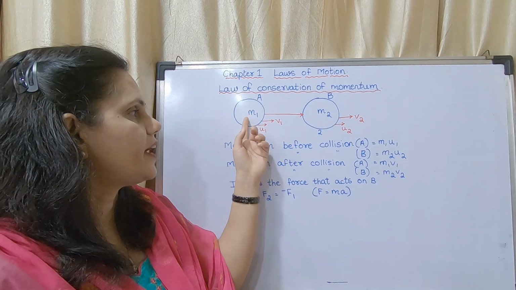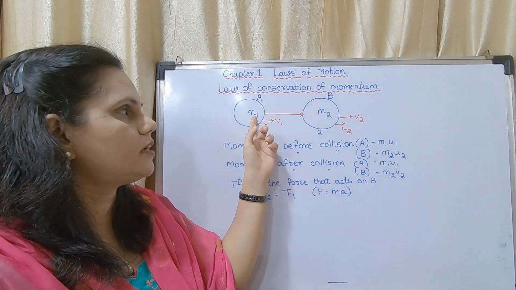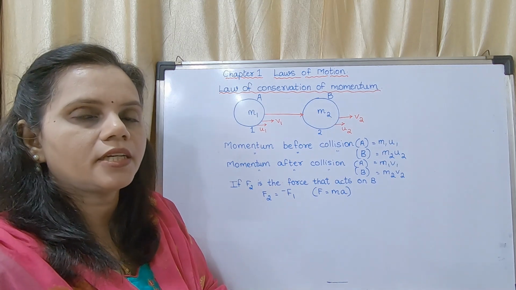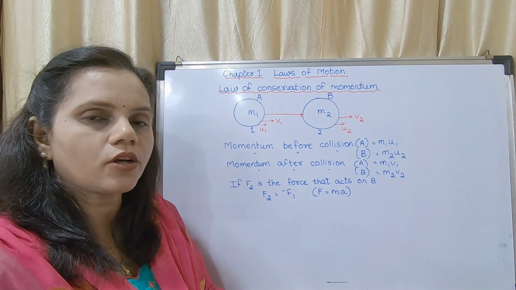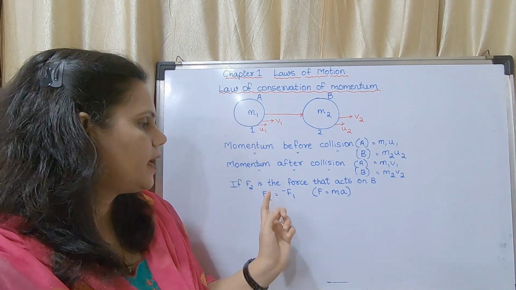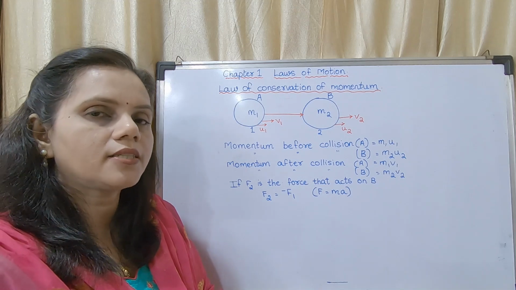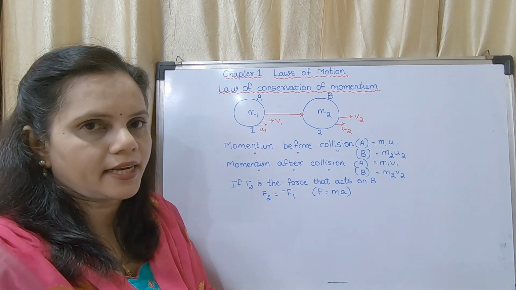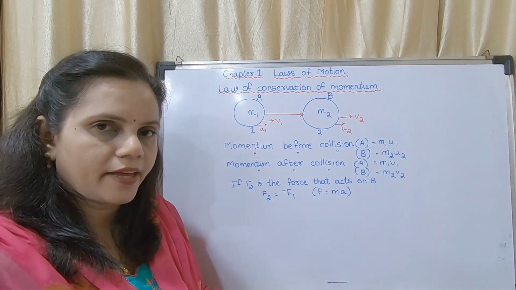That means if F2 is the force acting on B, then F1 will be the force acting on A but in the opposite direction. So F2 is equal to minus F1. Why have I taken it as minus? Because it is in the opposite direction.